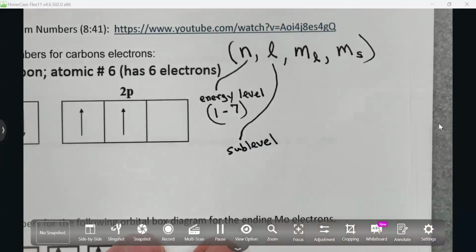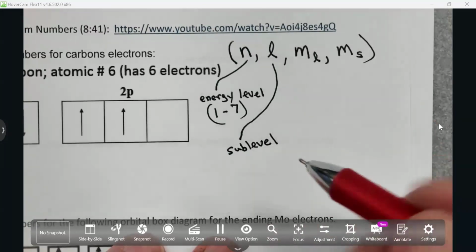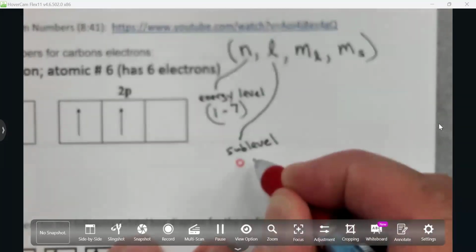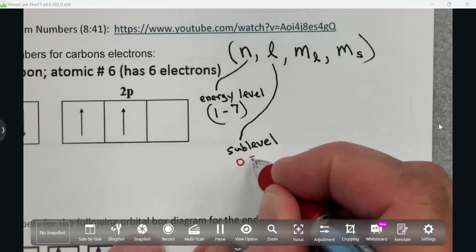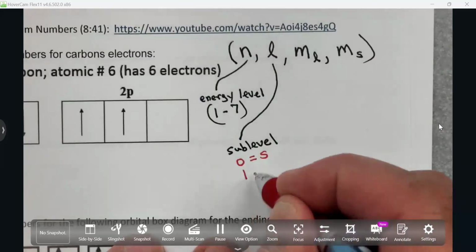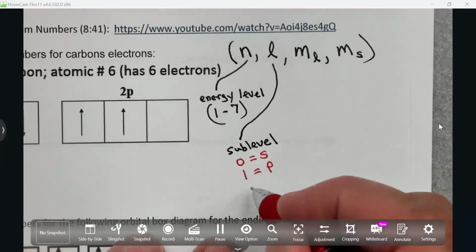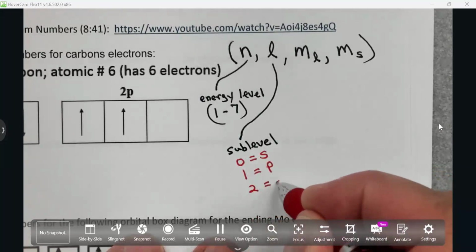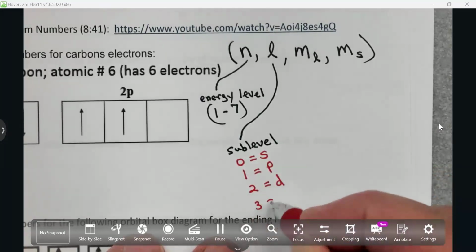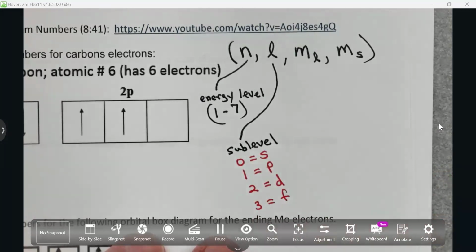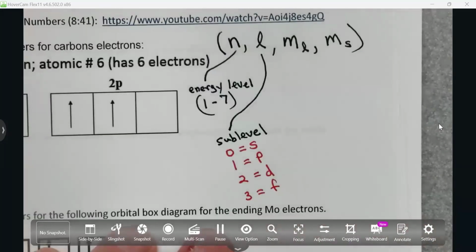By sublevel, this is locked in. You use a 0 for an S, a 1 for a P, 2 for a D, and 3 for an F. So that's just a fixed number.